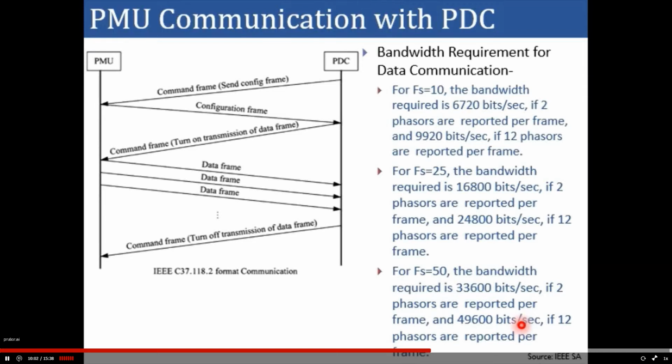That means 85 mbps speed is required for getting the data at the control center, which is monitoring all the PMUs.